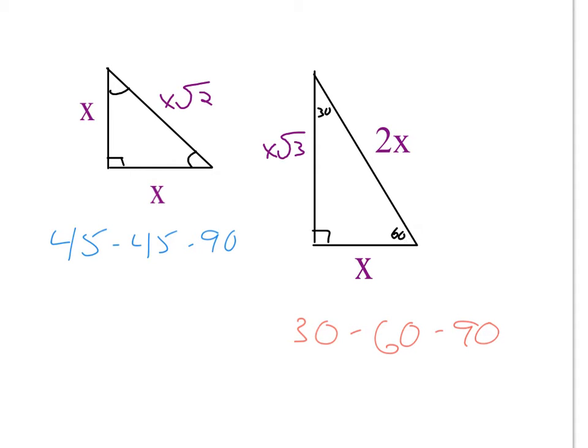So the pattern is x, 2x, x root 3. Short side opposite the 30 is x. The hypotenuse is double that, 2x. And the side opposite the 60 is x root 3, or root 3 times the short side.